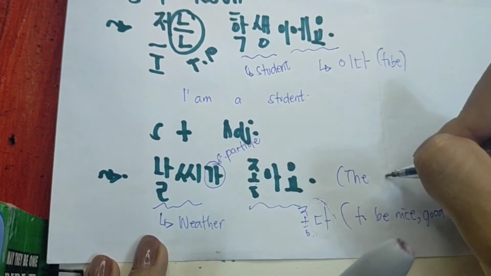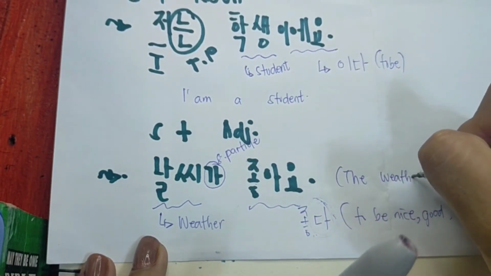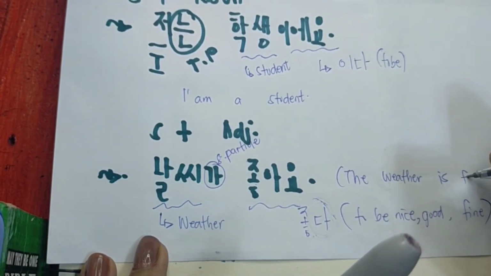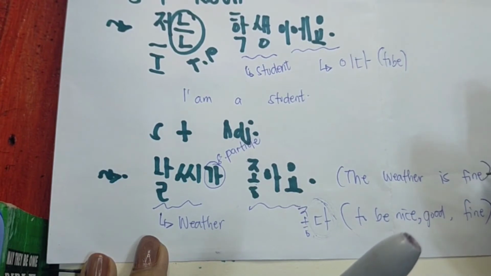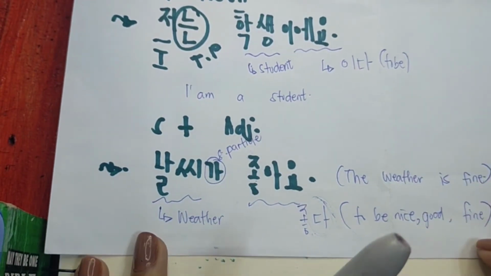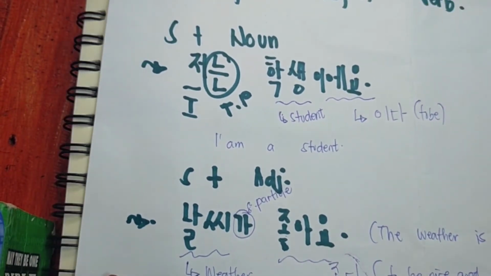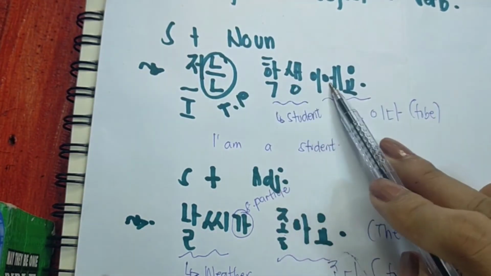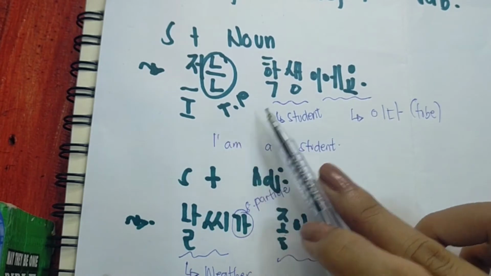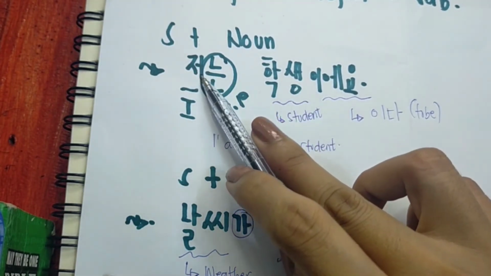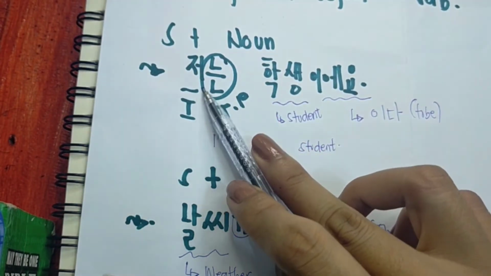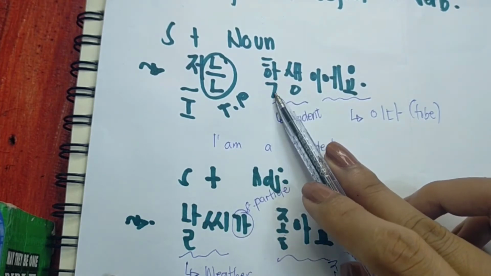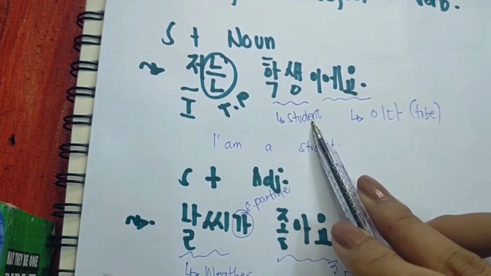날씨가 좋아요 means the weather is fine. Or the weather is good. Ayan. So, subject plus noun: 저는 학생이에요. Means I am a student. Yung 저 is yung subject and noun is yung 학생, means student.